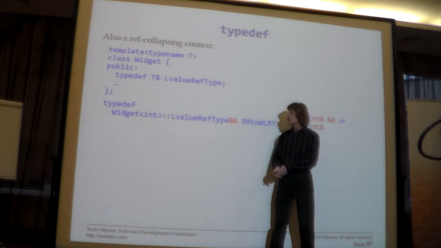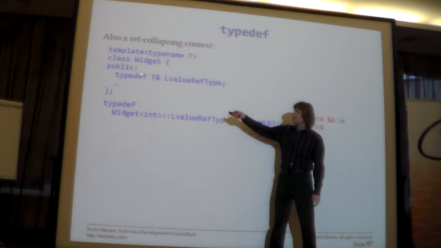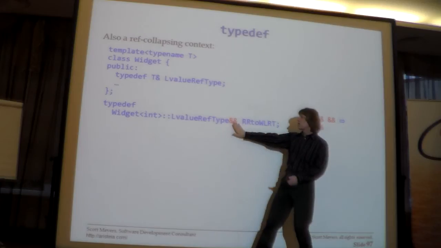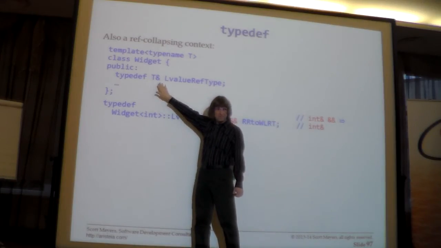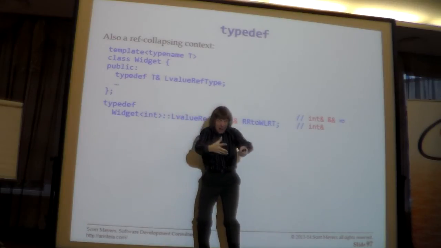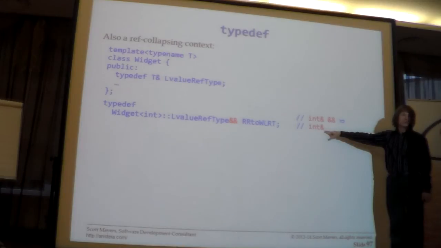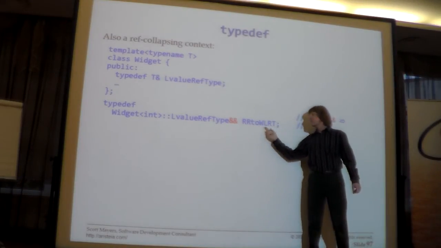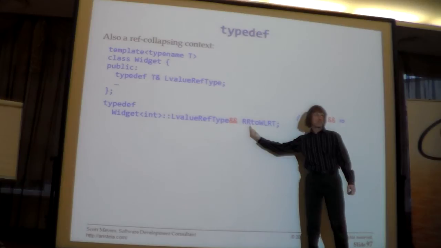But widget of int, L value ref type is an L value reference, which means we have an R value reference to an L value reference. After collapsing, they will become an L value reference, which means the type is just int ref. Which means that this name, which was never very good to begin with, is even worse now that we realize it isn't even an R value reference.